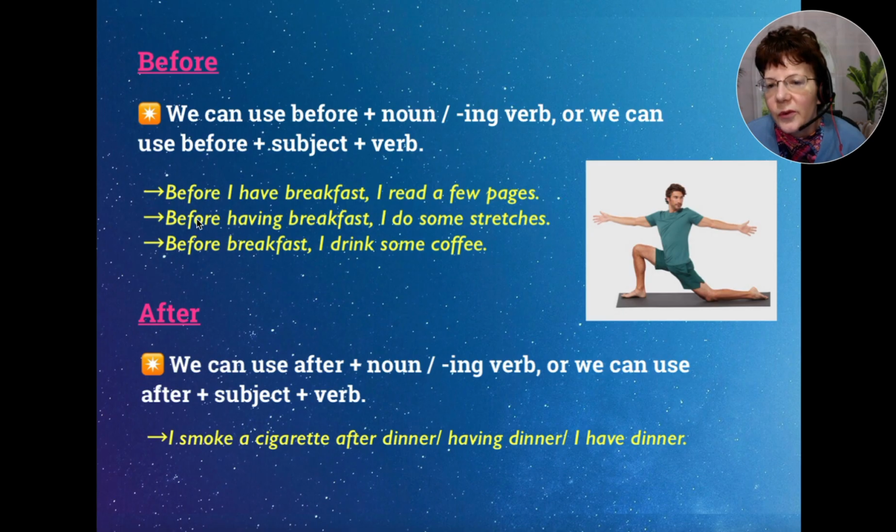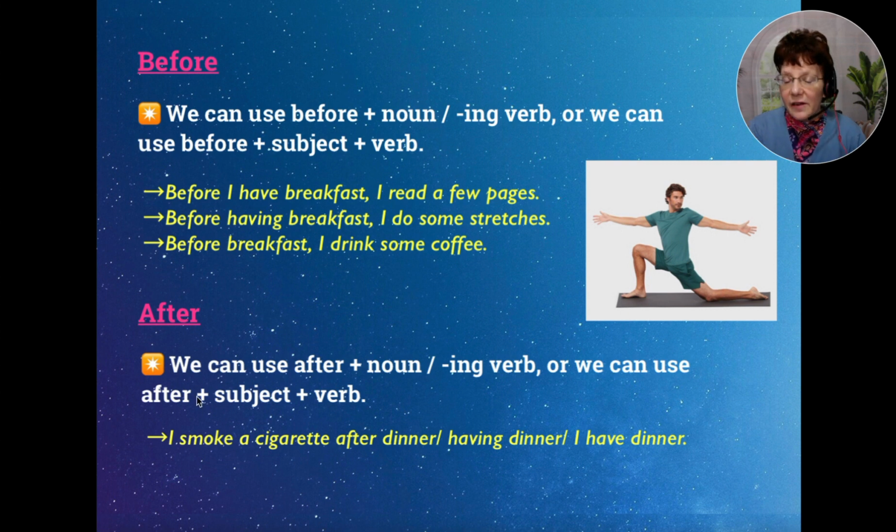Or we have before having breakfast, verb ing, I do some stretches. Or we have before breakfast, comma, I drink some coffee. So this is just before plus a noun here.